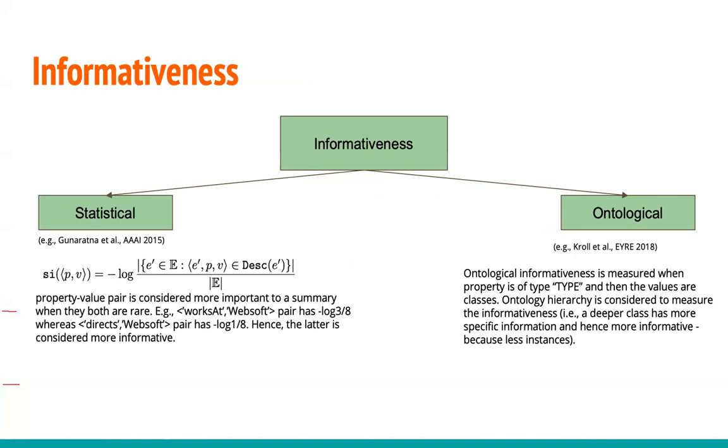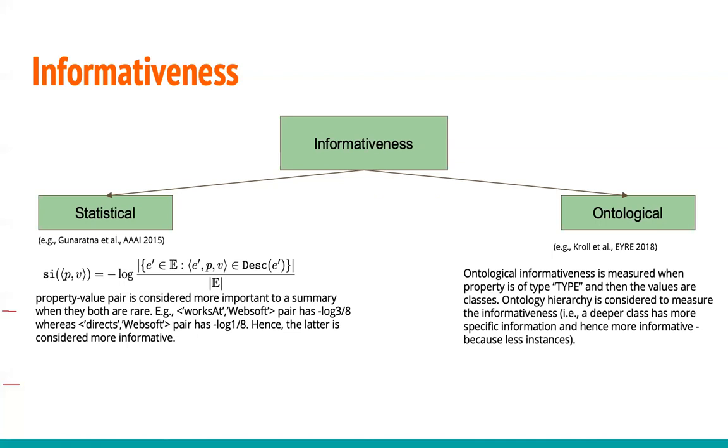But if you combine both as a property and value pair in a triple, and it appears less frequently, then we should think it is an important thing to consider in an entity summary, because property and value together can mean something unique. And if it is less frequent, that means it is important to consider in the entity summary.